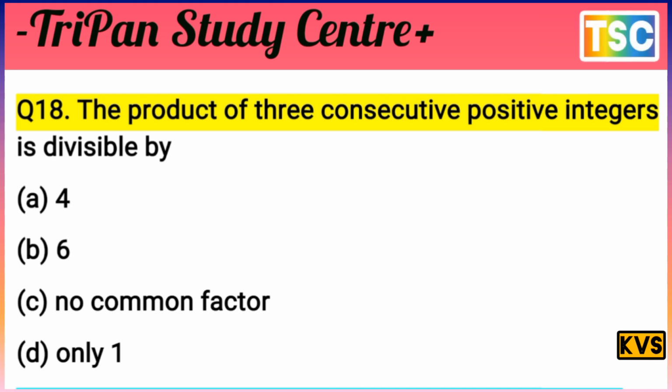Next question on your screen. The question is clear. The product of three consecutive positive integers is divisible by: option A, 4; option B, 6; option C, no common factor; and option D, only 1.